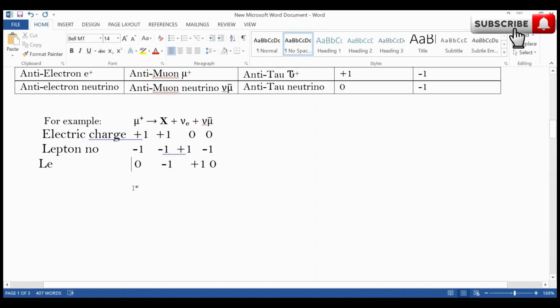So it is clear that X particle belongs to the electron lepton family. Now let's reveal the identity. From these three, the X particle is anti-electron. So X is equal to anti-electron.